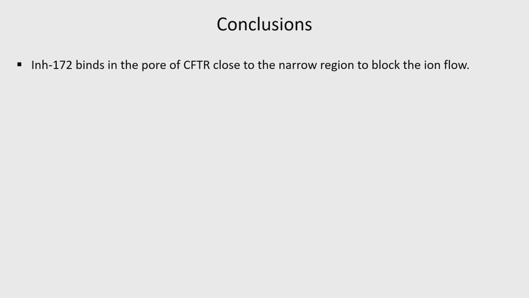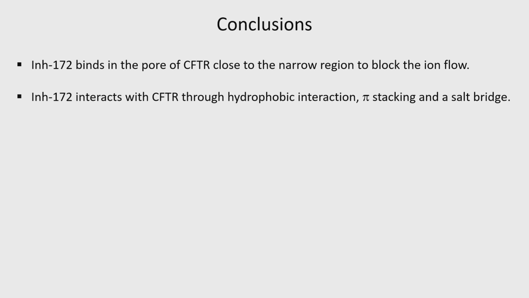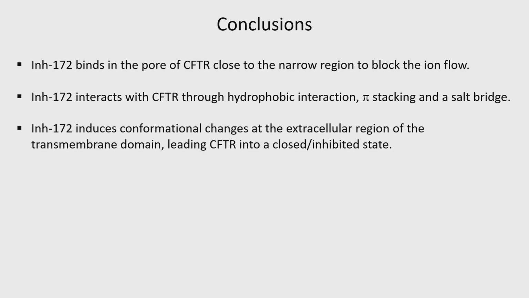The take-home messages are: inhibitor 172 binds in the pore of CFTR, close to the narrow region, to block the ion flow. It interacts with CFTR through hydrophobic interaction, pi stacking, and a very important salt bridge. Inhibitor 172 induces conformational change at the extracellular region of the transmembrane domain, leading the channel into a closed state.